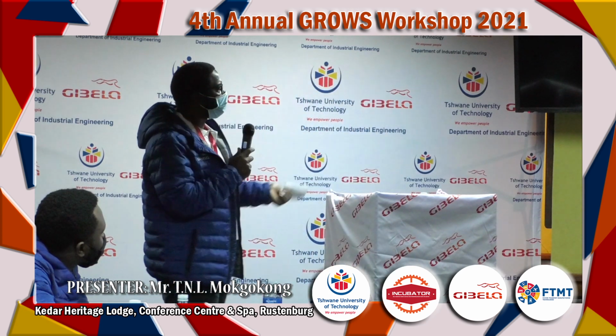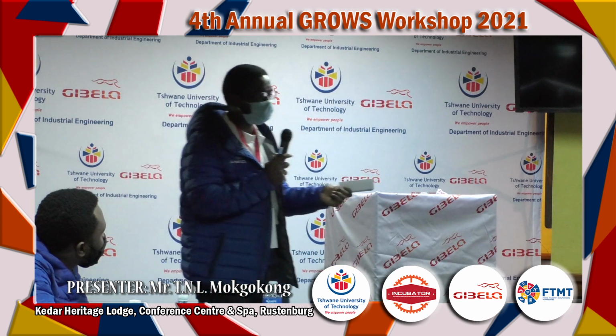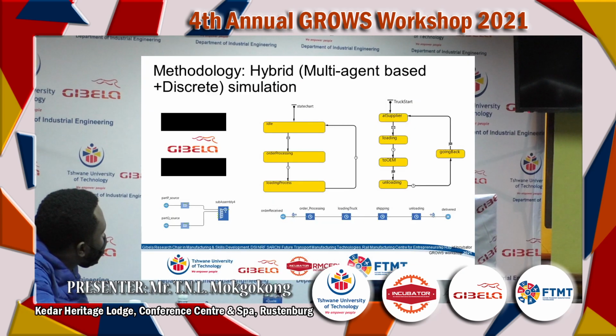The methodology we are going to use in the project is hybrid supply chain modeling, using a combination of a multi-agent based model and a discrete model. You will have three different types of agent: an OE agent, a supplier agent and a truck agent, which together interact with the discrete model.